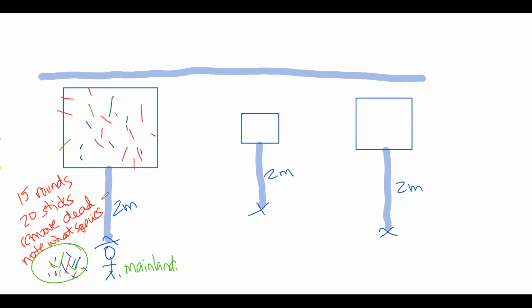Once you've done your 15 rounds for that island, then you're going to go ahead and move over. Take your legs with you. Go ahead and move over to the next island and do the same thing. Or you can just pick the tape up, collect up all your sticks and use the same area.